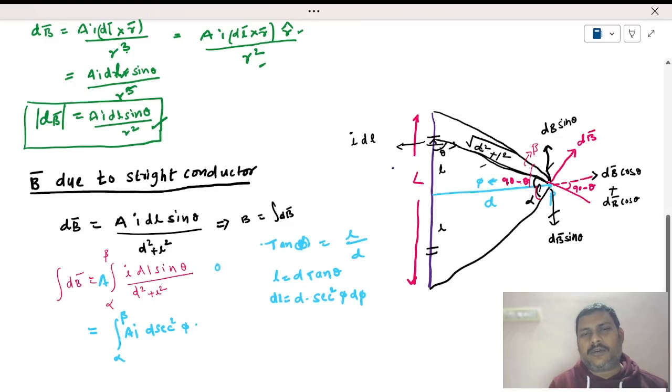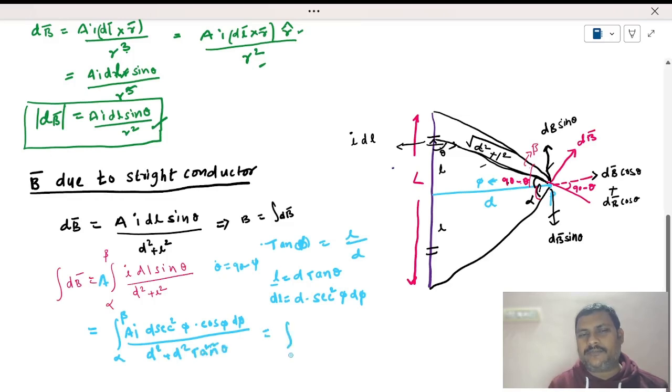Here theta is equal to 90 minus phi, so I'll substitute sin of 90 minus phi is equal to cos phi, into d phi, by d square plus L square. L is equal to d tan theta, so L square equals d square tan square theta, which means d square plus d square tan square theta.